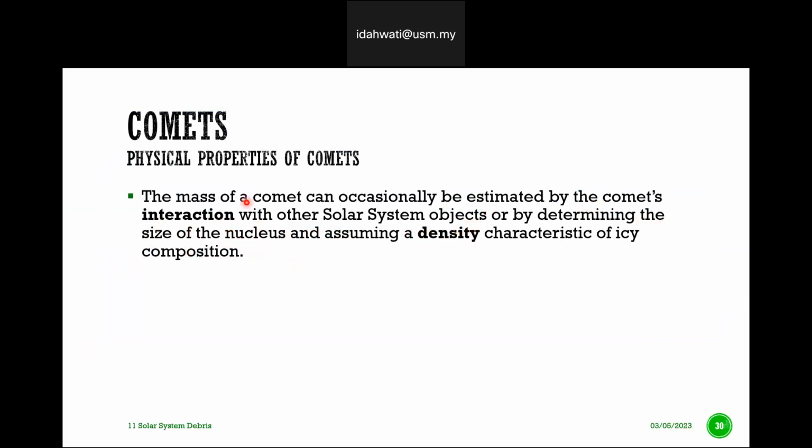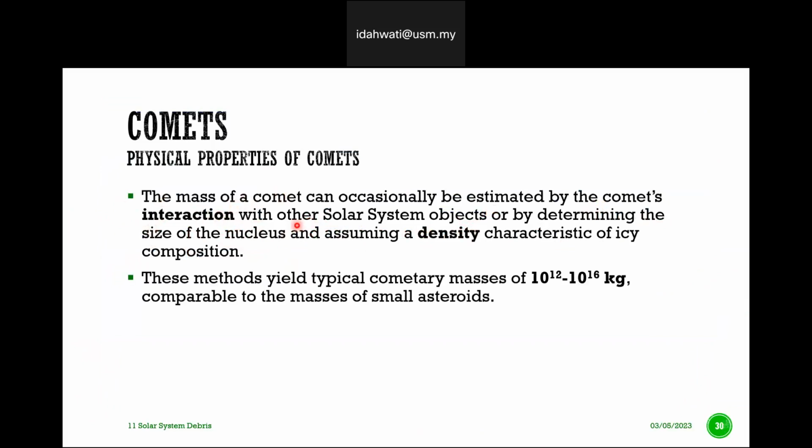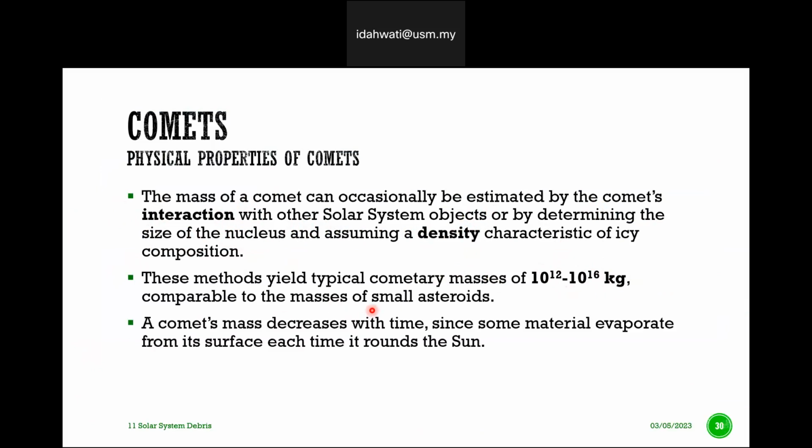So they can find out the mass of the comet. The methods typically yield cometary masses in a range comparable to the masses of small asteroids. A comet's mass decreases with time since some material evaporates from its surface each time it goes around the sun.